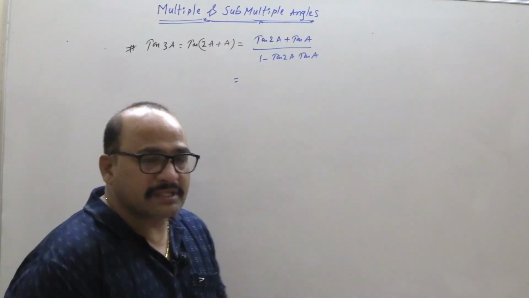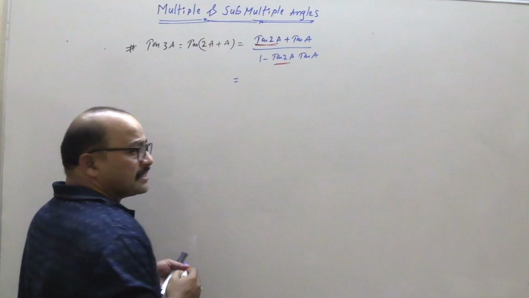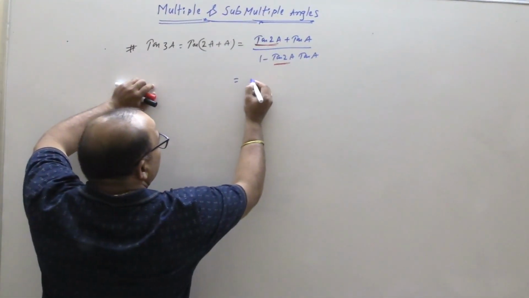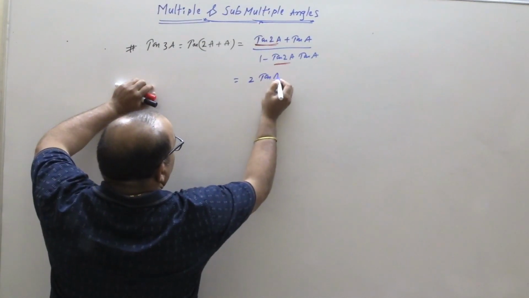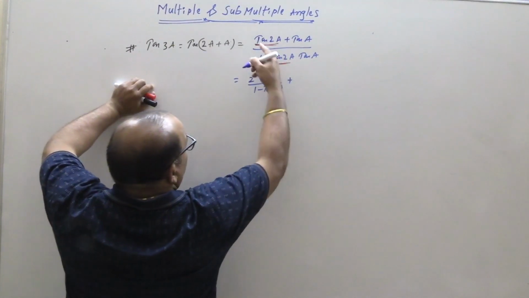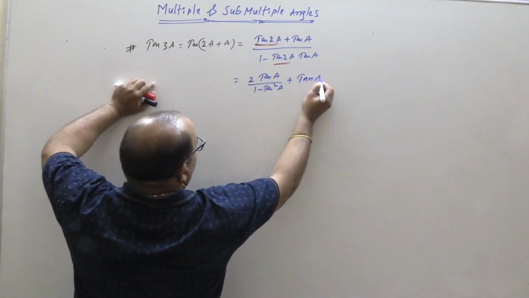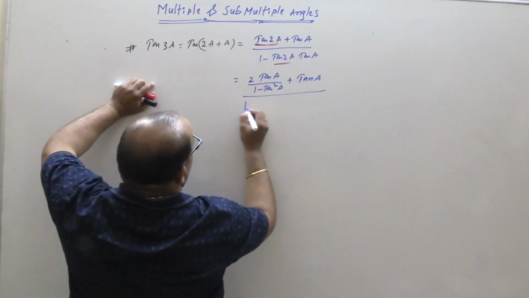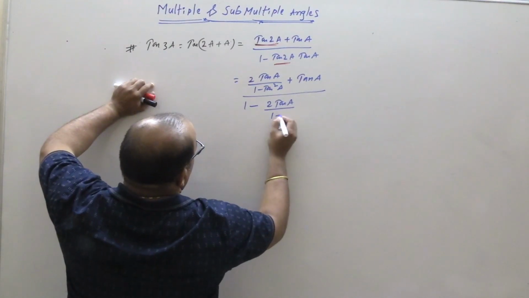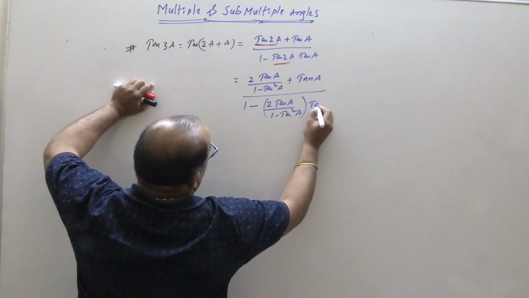What is tan 2a in terms of tan? 2 tan a by 1 minus tan square a. Just now I have given that result, students. So tan 3a is tan 2a plus tan a by 1 minus tan 2a into tan a, with tan 2a replaced.